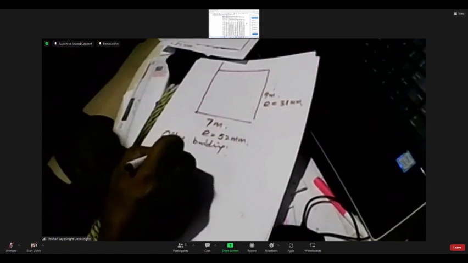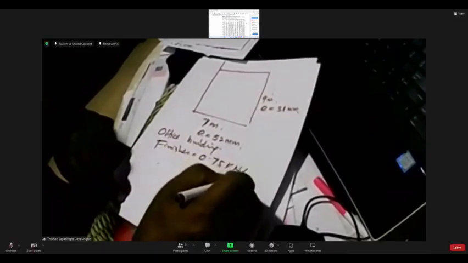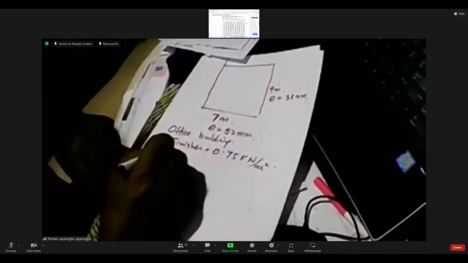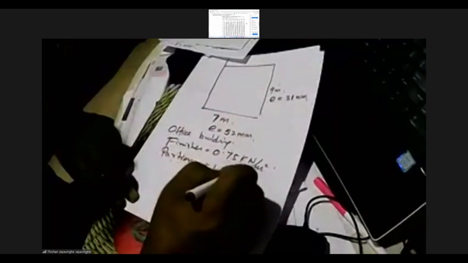So we have finishers at 0.75 kilonewtons per meter squared. Partitions at 1.50 kilonewtons per meter squared.